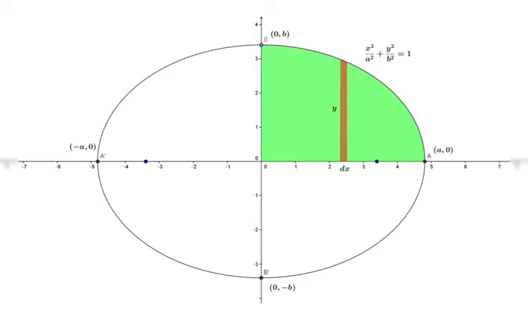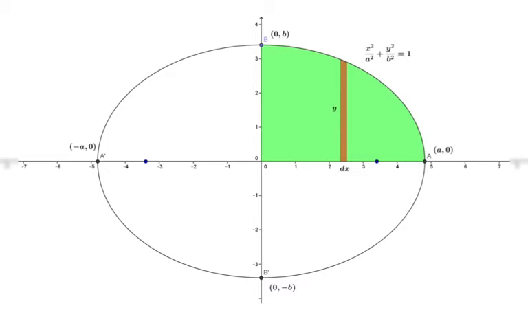But if we make dx to be very, very small, very close to 0, if that breadth or that width is very small, then this strip will look like a perfect rectangle.